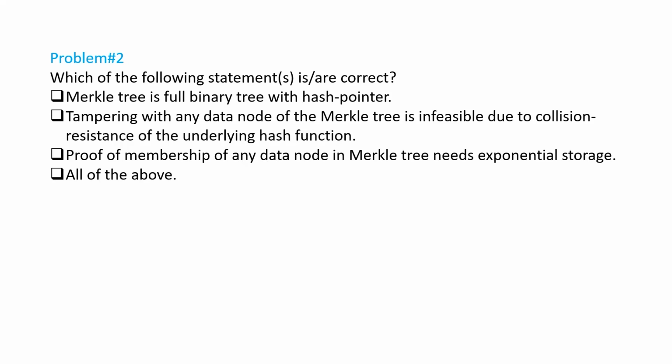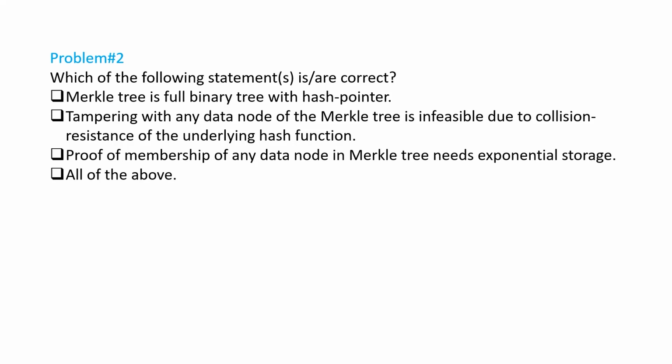So if you replace those pointers with hash pointers, then what you get is the Merkle tree construction. The hash pointer is nothing but a pointer. Essentially it will store the memory address for the left and right child. Along with that, it also keeps the hash of all the nodes below that node.